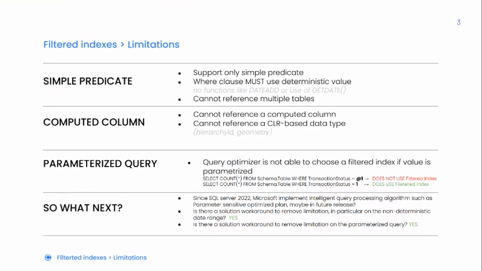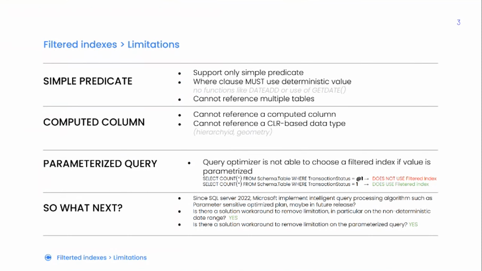You cannot add functions like DATEADD or GETDATE. You also cannot reference multiple tables, obviously, because it's an index on a specific table. You cannot use computed columns. Some tables can have computed columns or CLR-based data types, like hierarchy or geometry. Those are not available on filtered indexes.